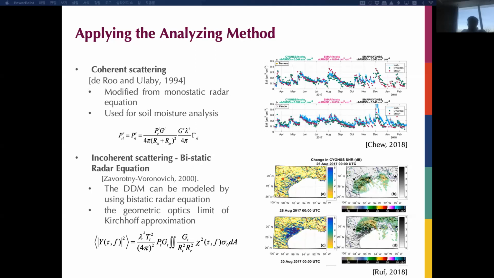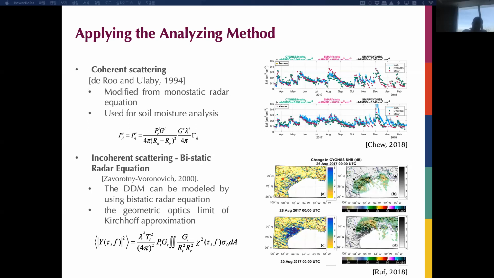Using this data, we can calculate the coherent scattering parameter, and then the soil moisture as well. The soil moisture obtained is very similar to the in situ measurement data.